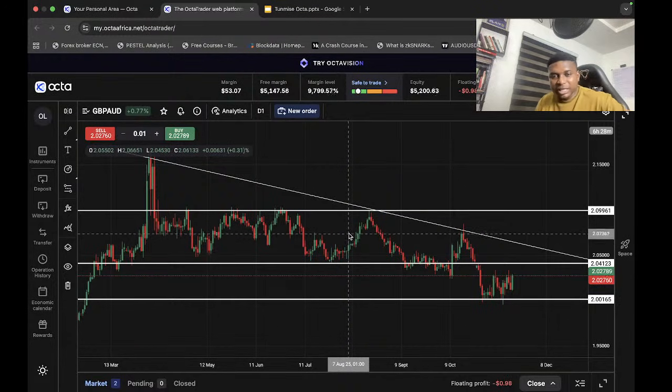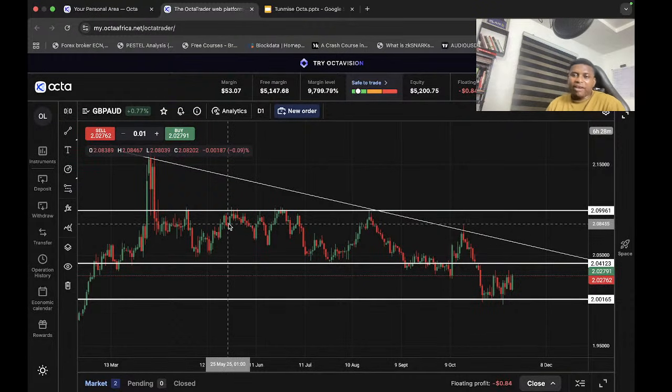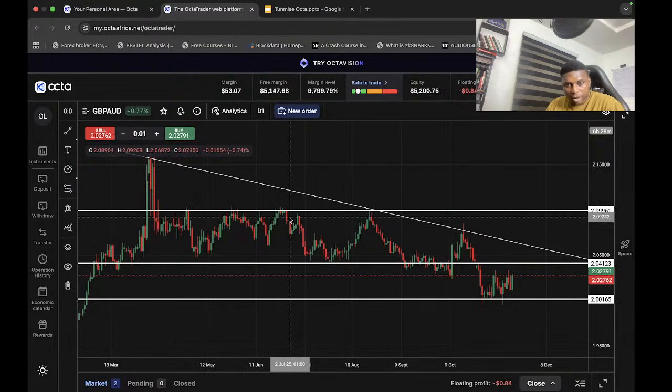Okay. Now on GBP AUD, we have been able to map out levels of support and resistance.